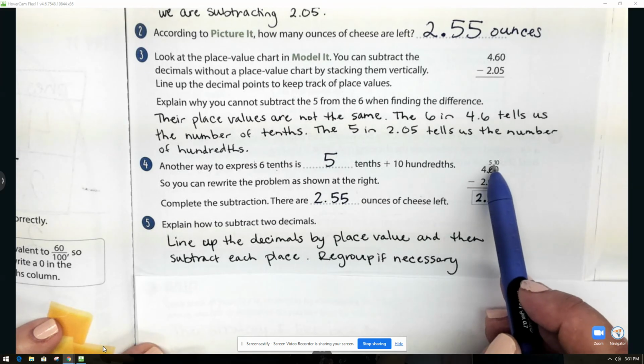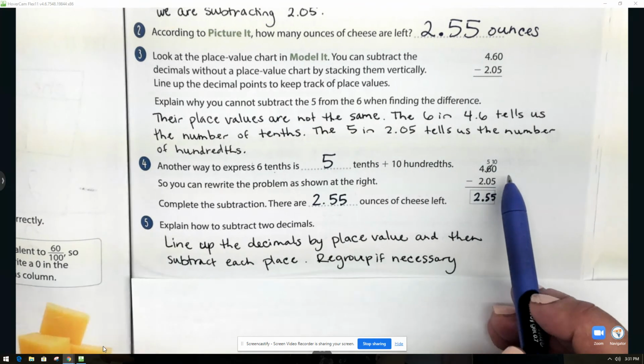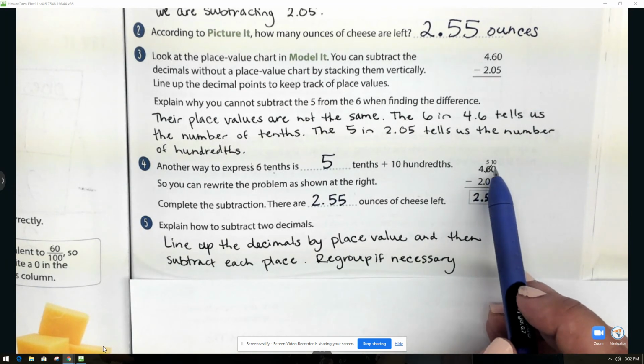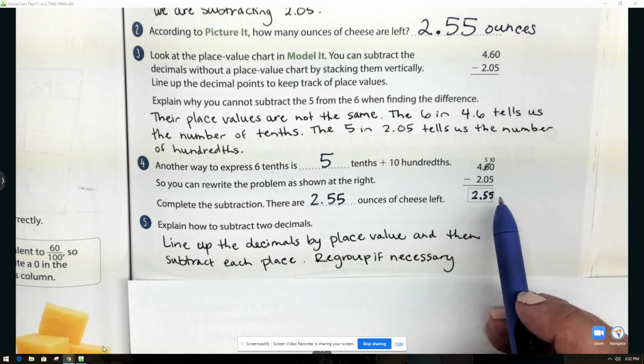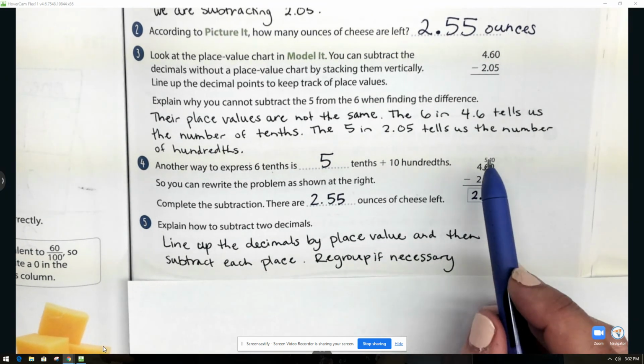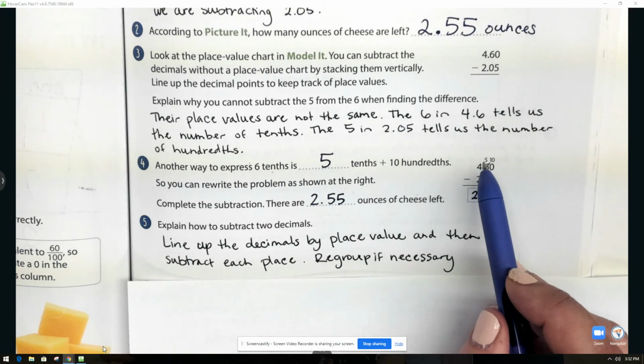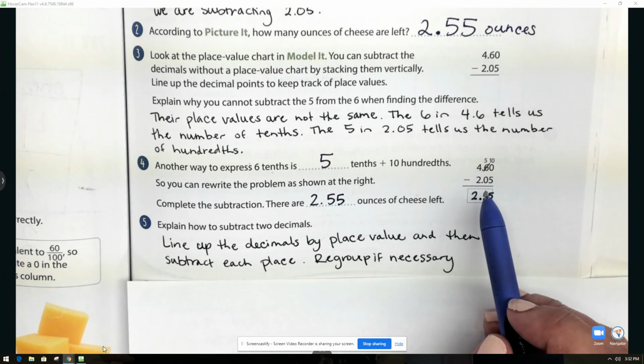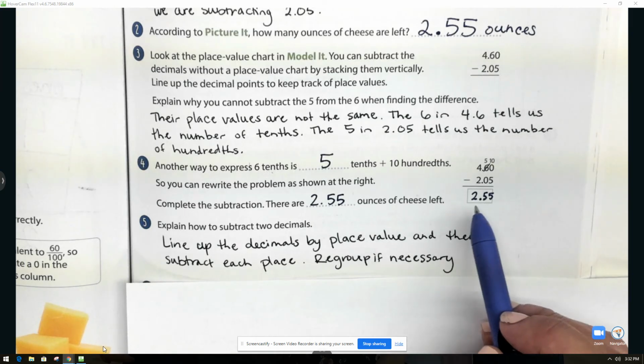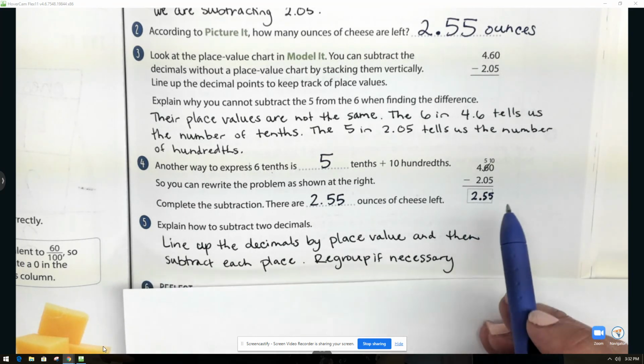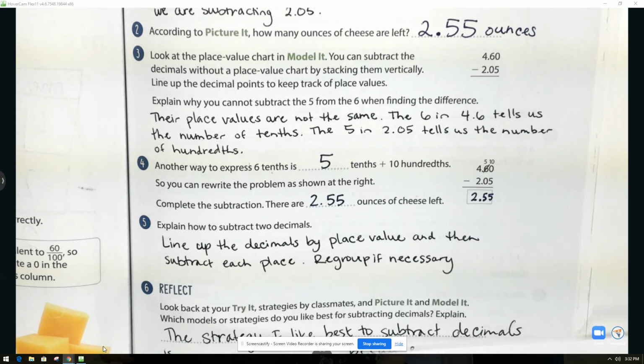So we had to take a tenth and regroup it and make it 10/100, and then say 10/100 minus 5/100 is 5/100. And then now we only had 5/10 remaining. 5/10 minus 0 is 5/10, which gives us 2 and 55 hundredths.